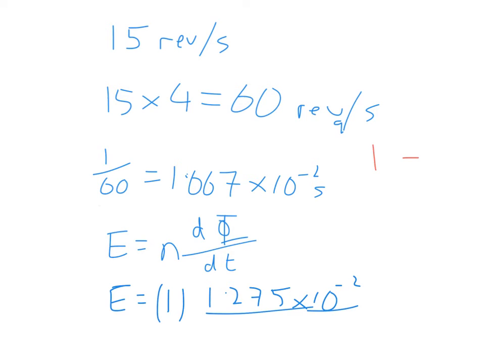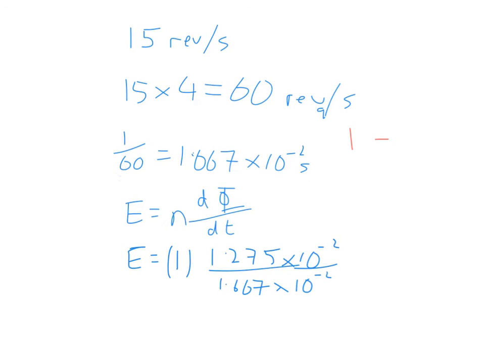And we know the change in time is 1.667 times 10 to the minus 2. If we calculate all of that out, we will get an induced EMF of 0.765 volts.